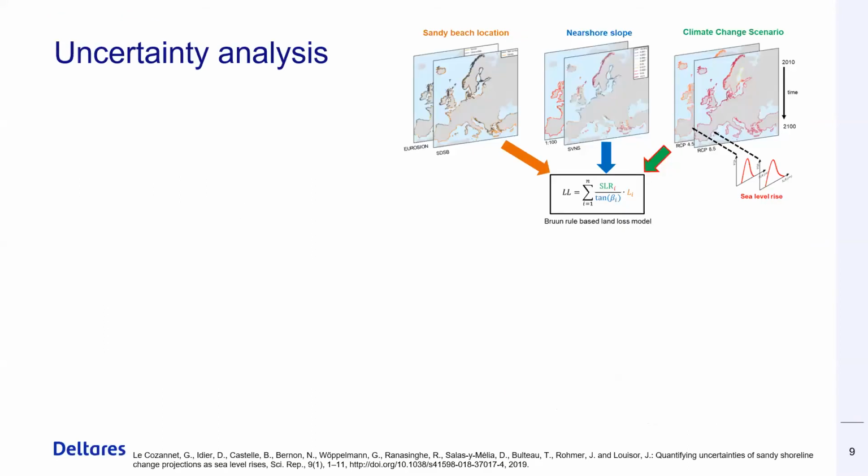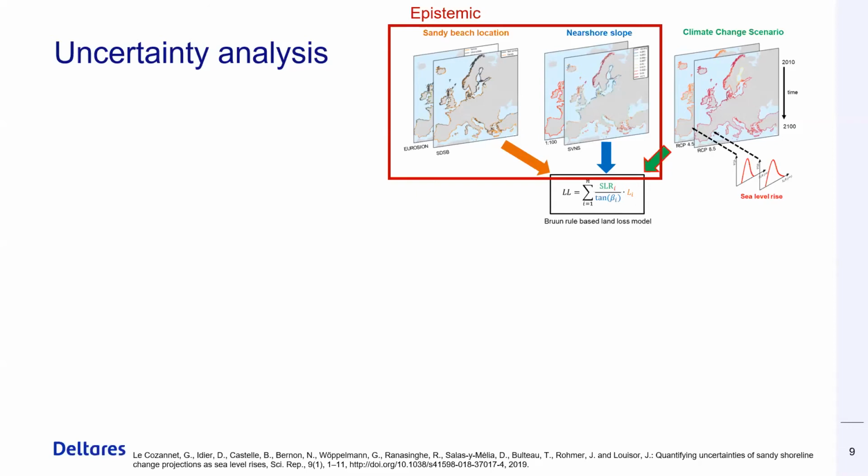So as I mentioned before, doing this analysis, 4 main parameters were used. Most of the times in previous assessments of coastal impacts, especially focused on shoreline retreat, the uncertainty of the sea level rise projections was mainly taken into account. With our framework, we could actually compare this uncertainty to epistemic uncertainty that's related to the available datasets that we have right now.